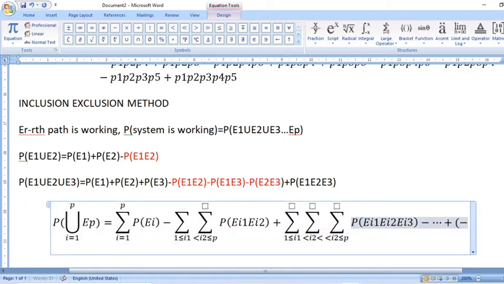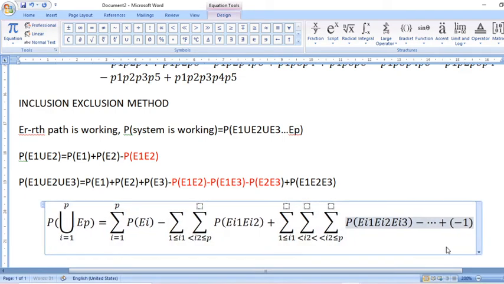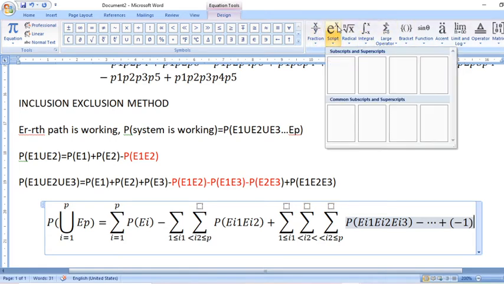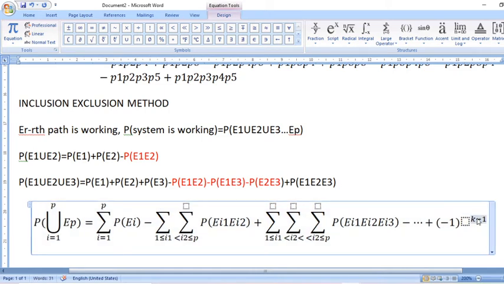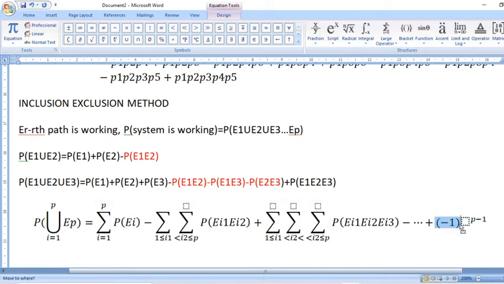Plus minus 1 raised to K minus 1, then P minus 1, because we have P number of terms.